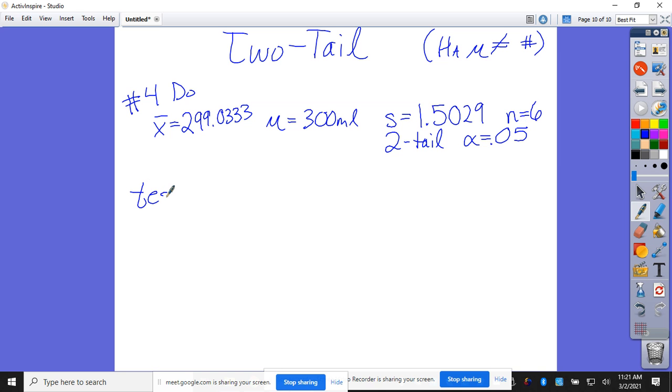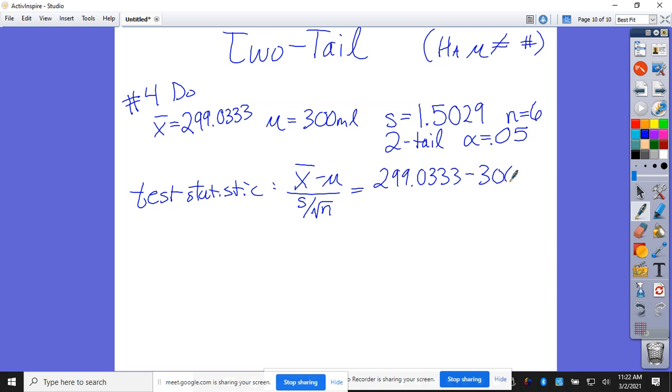If I went straight to test statistic here, that's going to give me X bar minus mu divided by S over square root n, which is 299.0333 minus 300 over 1.5029 over square root 6.